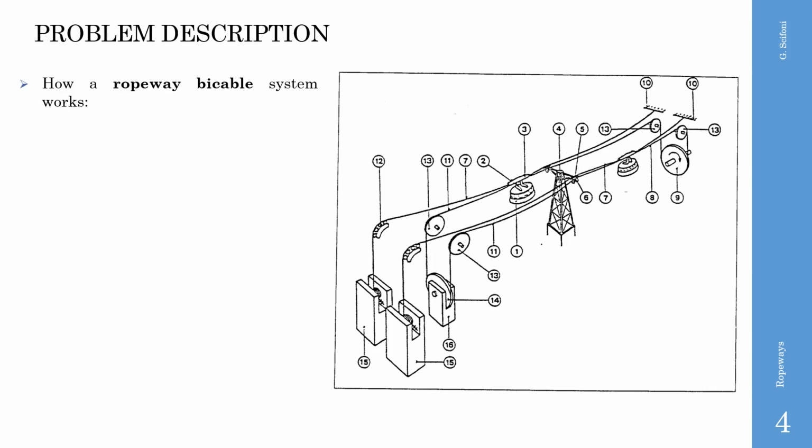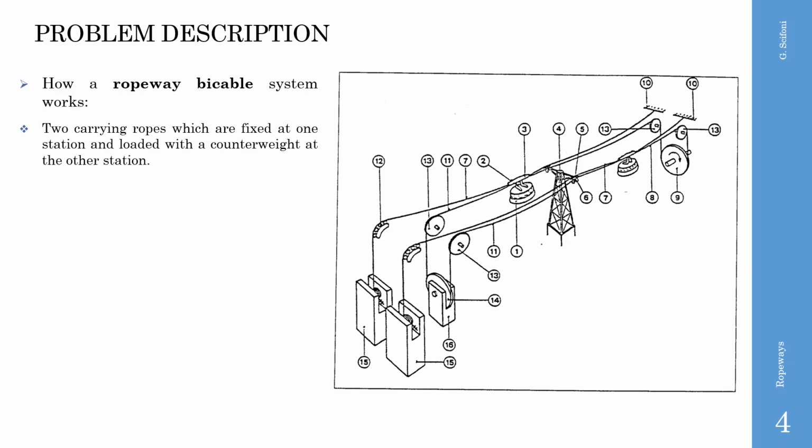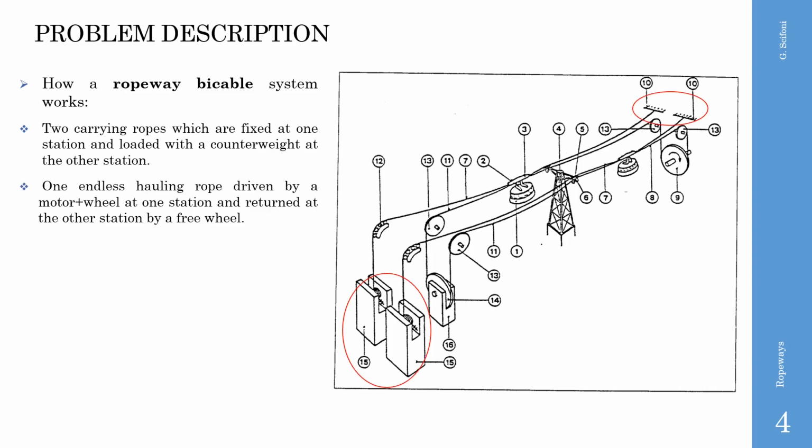A bicable ropeway is made of two independent cable systems. The carrying ropes are minimum two, one for each side. Each cable is fixed at one station and loaded with a counterweight at the other station, like in the picture. The hauling rope is endless and driven by one motor plus reducer and wheel at one station, returned at the other station by a free wheel.